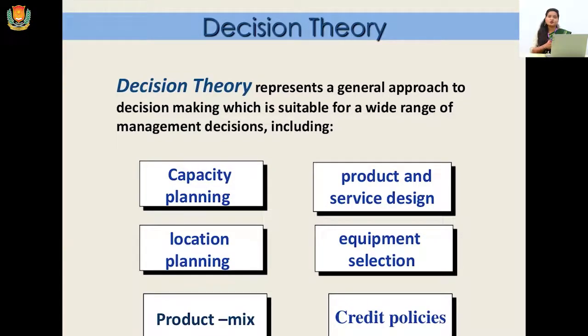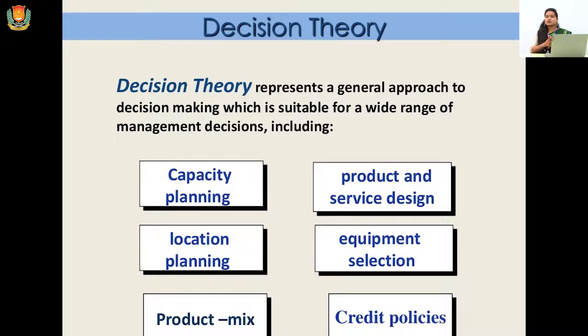So what does decision theory mean? What does it relate to? Basically, decision theory represents a general approach to decision making which is suitable for a wide range of management decisions taken by managers related to the market segment, the operation field, or the production field.